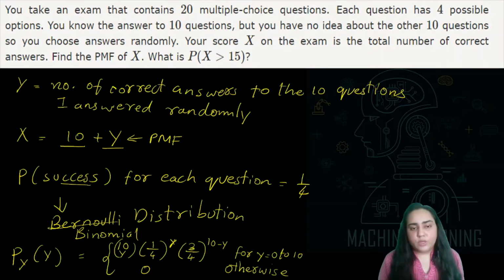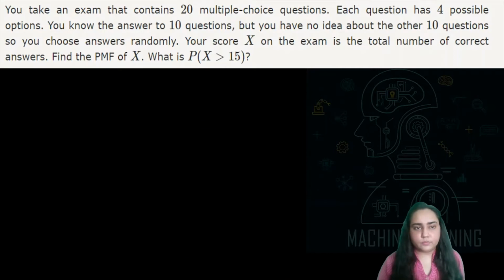Now, what we need to do is find the PMF of x. So let's take a look at that. First of all, we want to calculate the PMF of x, and we know that x is y plus 10. Let's find the range of x.